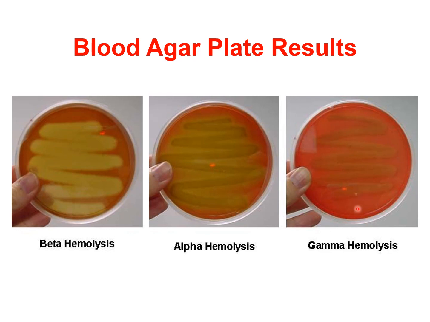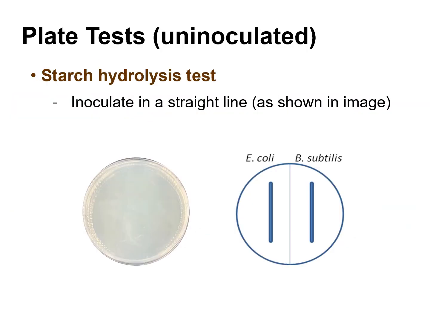So this one is gamma hemolysis, which means no breakdown of the red blood cells is taking place. But the bacteria is still growing, and you can see the bacteria right here. It just can't break down the red blood cells. And so that's why the blood agar plate is not a selective plate, but it is a differential plate.